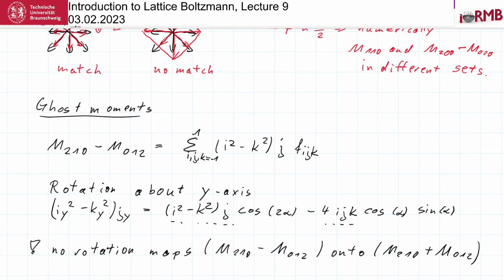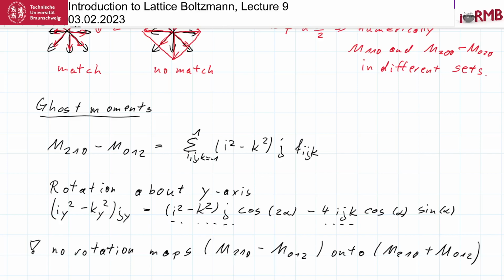So what does this mean? Coming back to the question before, we said we have this group of moments, M210, and I asked, is this one group, does this have one relaxation rate? Now we see we can isolate one case that cannot be mapped on the other case. So this is a different group.